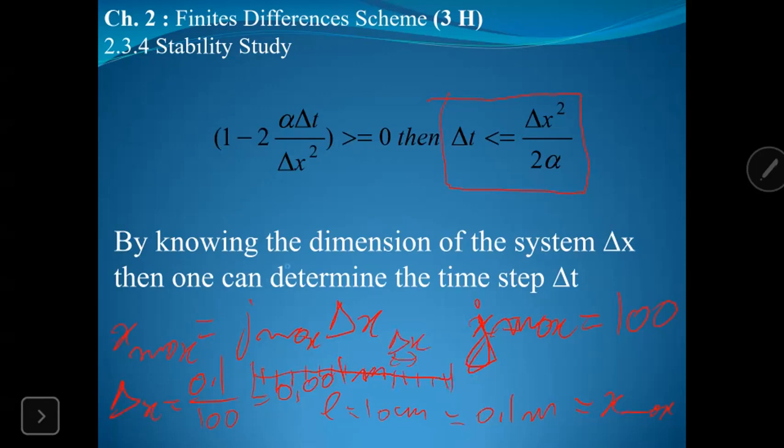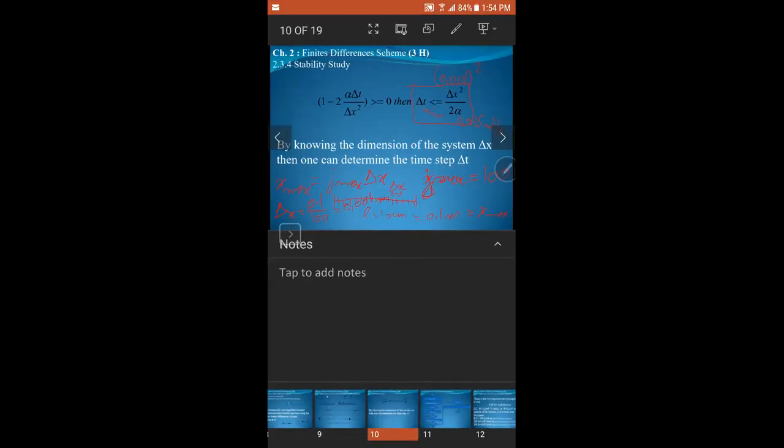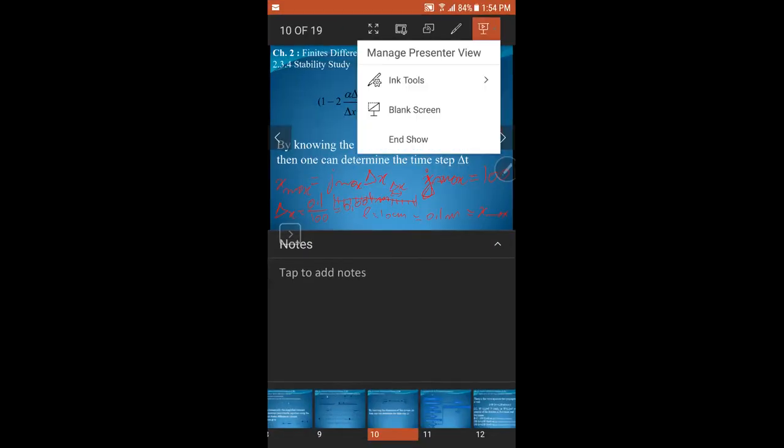By knowing the dimension of the system delta x, then one can determine the time step delta t by knowing this one, 0.001 square over 2 alpha, 0.025 meter square per second. Then I can determine delta t minimum. يعني هلا شو بيصير معي؟ أنا جبت الدلتا تي minimum.